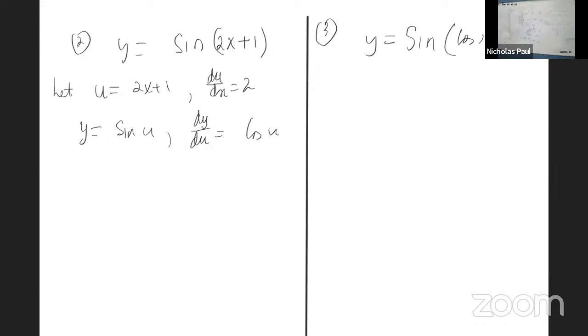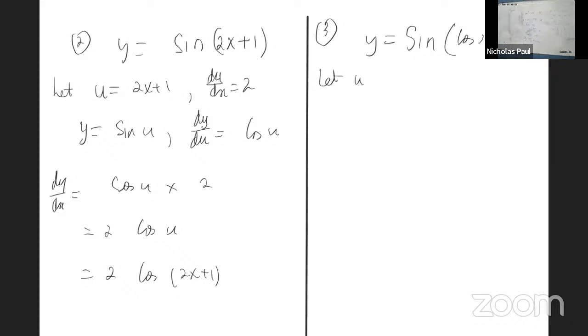Now what is dy/dx? dy/dx is dy/du, which is cos u, multiplied by 2. So it's 2 cos u, or 2 cos(2x plus 1). That was easy, right? All right, let's check out the next one here.